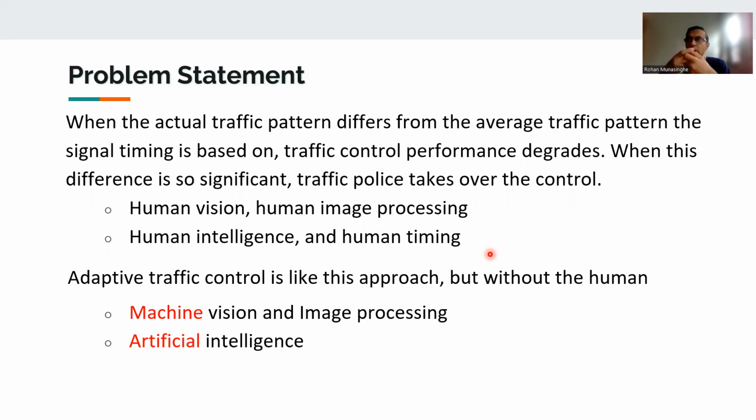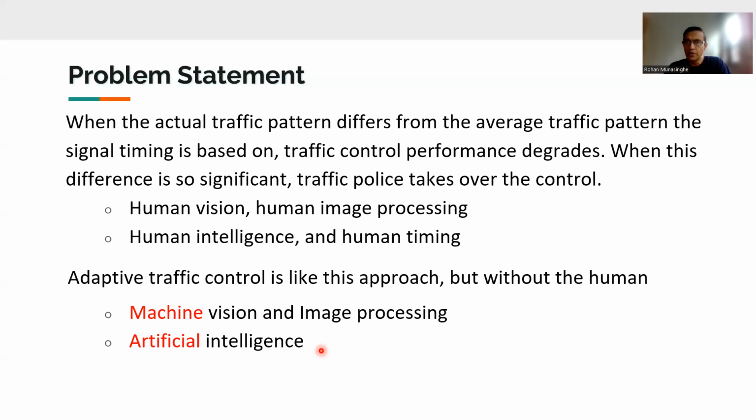Now, if you want to bring in some sort of adaptive traffic control, I think you must follow the process of the traffic policeman, or maybe do it a little better than that. So let's think about how we can remove the person and create the same function he is doing. Therefore, I would suggest you use machine vision and image processing, two very fast track areas in research and development, and also use some sort of artificial intelligence to interpret what the images have captured on the road.